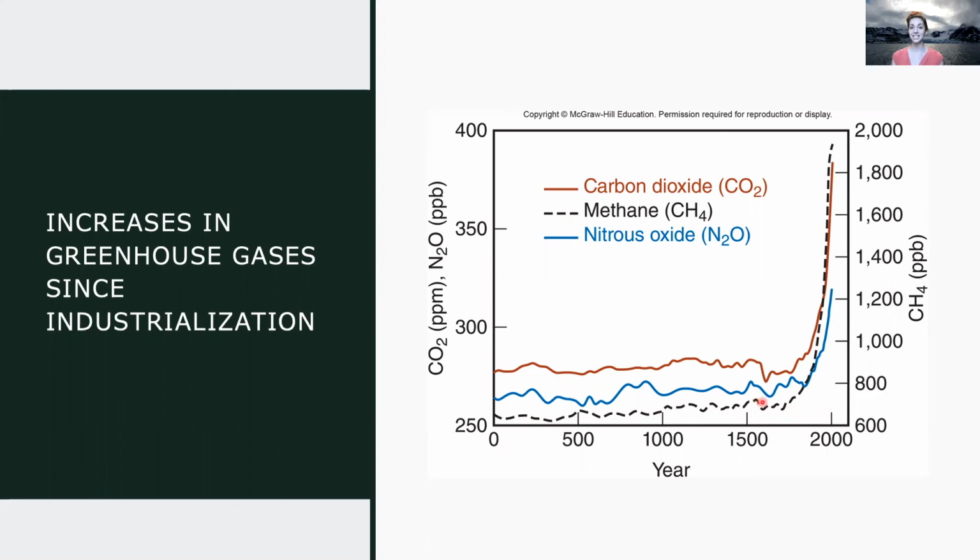After that point, these concentrations all skyrocket all at once. So if you've ever heard about a hockey stick model, this is exactly what they're talking about. So imagine this is a hockey stick where the stick represents this massive increase in concentration in the gases that followed after this event of the industrialization period, which before that period, there was very little change. So this would be the blade part of your hockey stick.